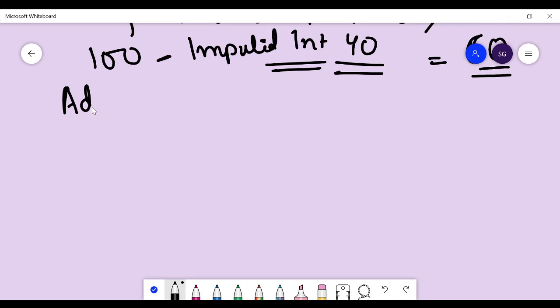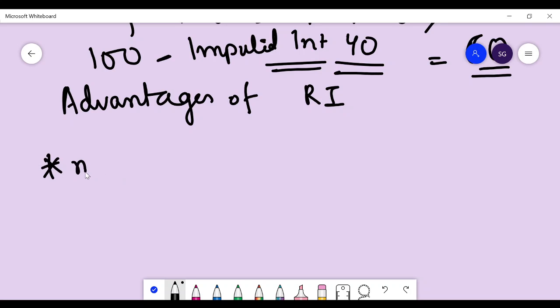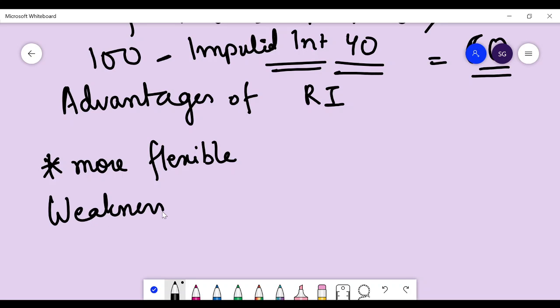Now we will read what are the advantages of residual income. Residual income is more flexible. Different cost of capital can be applied to evaluate different divisions with different risk characteristics. What are the weaknesses of residual income?